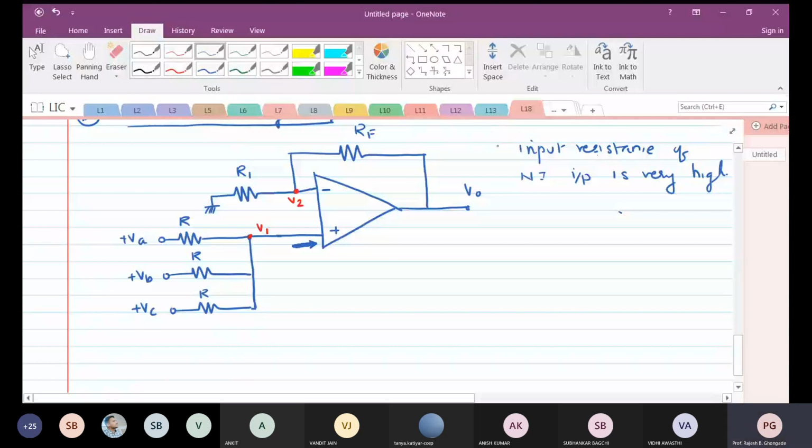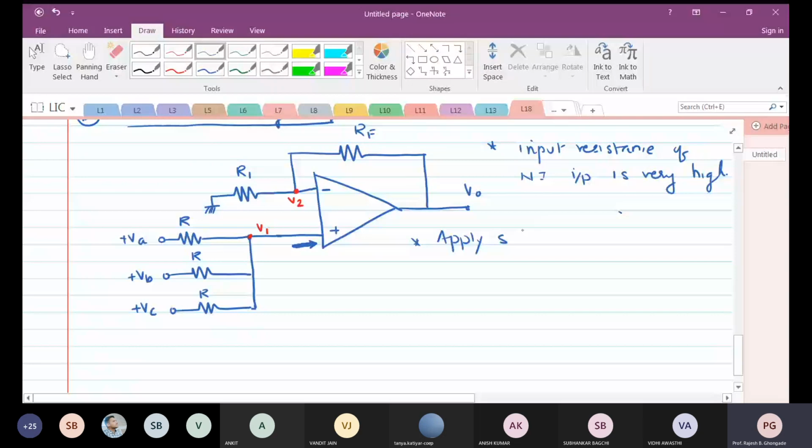And since it is very high, I can apply the superposition theorem. Look at this derivation carefully.